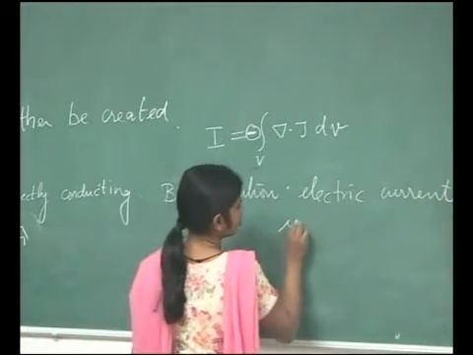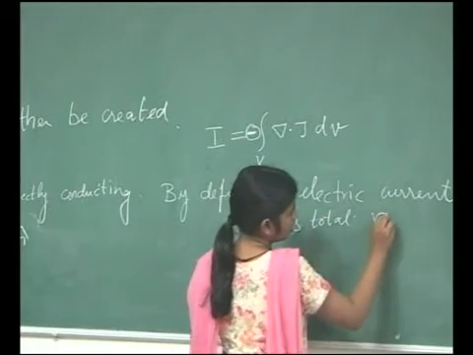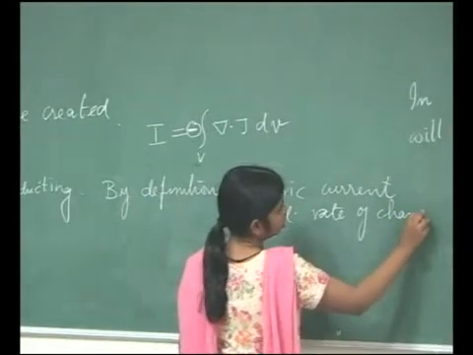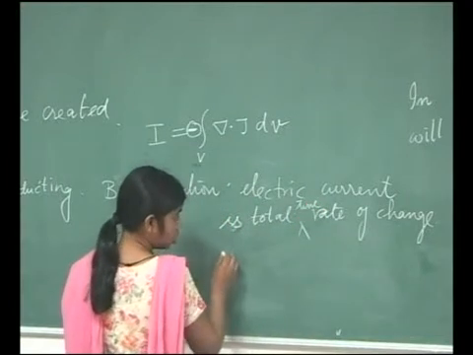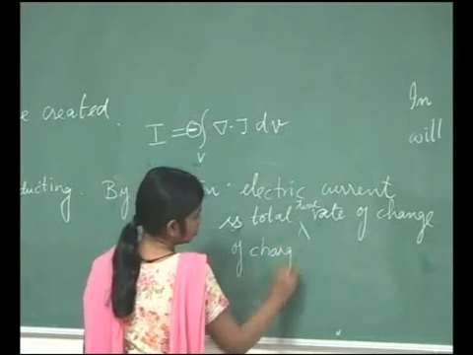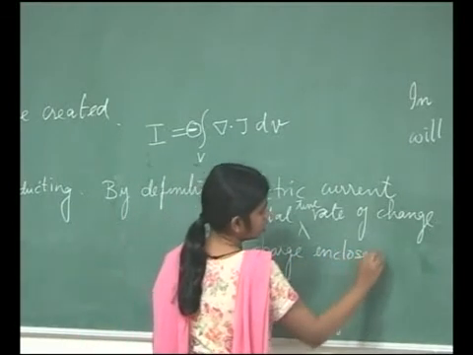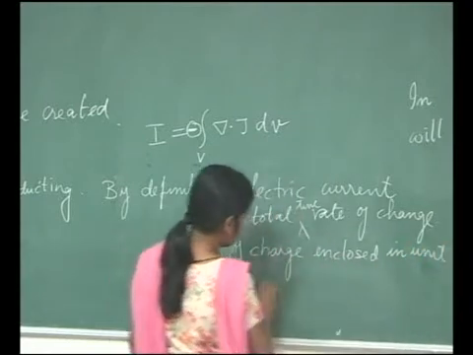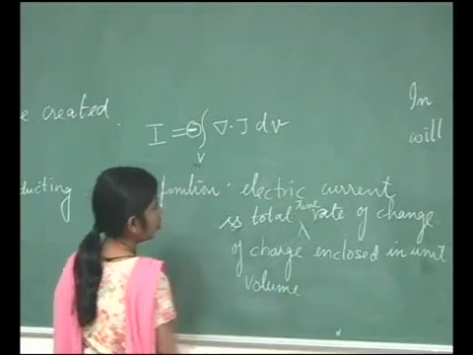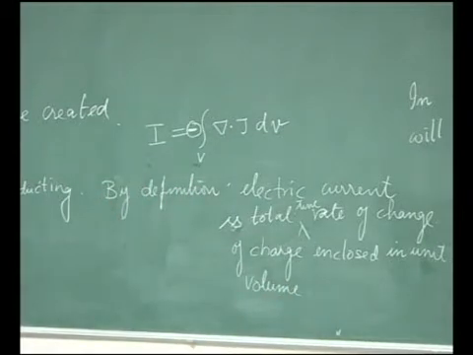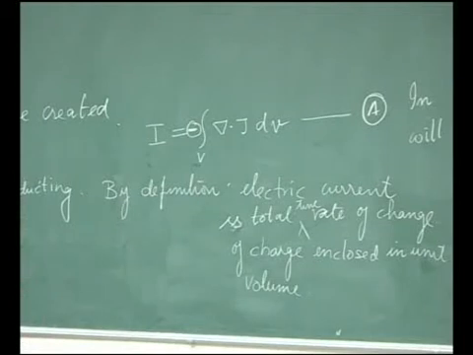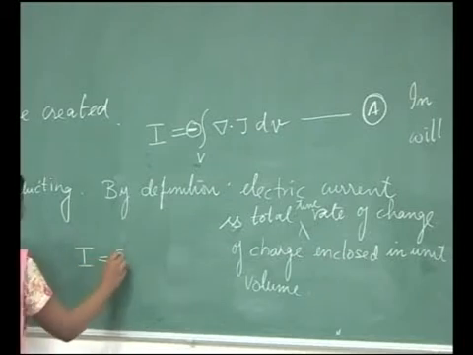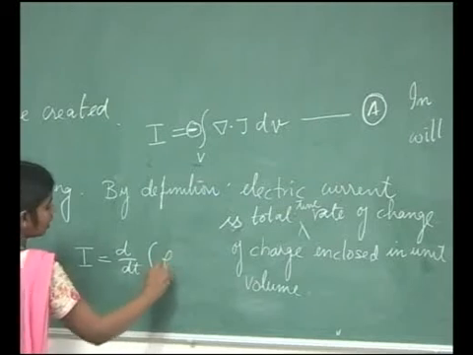Let this be equation A. By using this definition, I can also write that I is equal to d by dt integral over V rho dV.